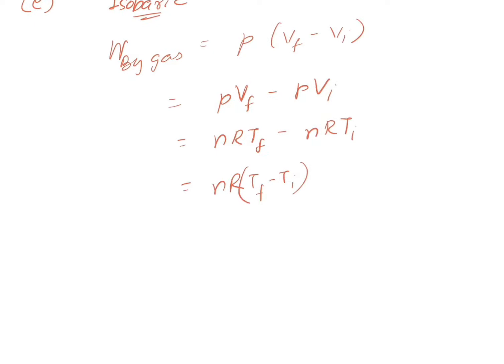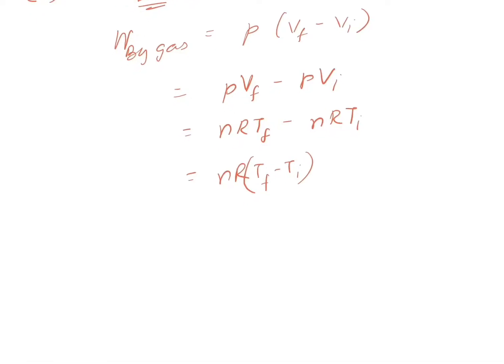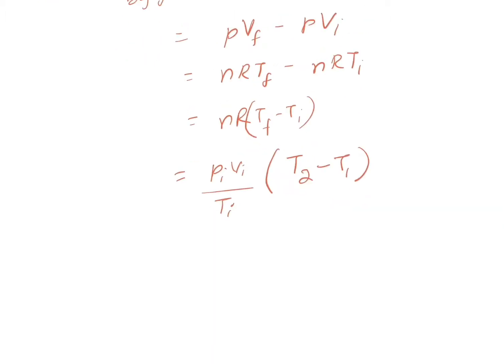So here again we need the value of nR. So nR can be again written as initial pressure into initial volume upon initial temperature, into here I'll write down T2 minus T1. Now T2 minus T1, we just need to see what it is equal to. So first of all, initial pressure is 10 power 5 Pascal. Initial volume 10 power minus 3, divided by initial temperature 300 Kelvin, into.